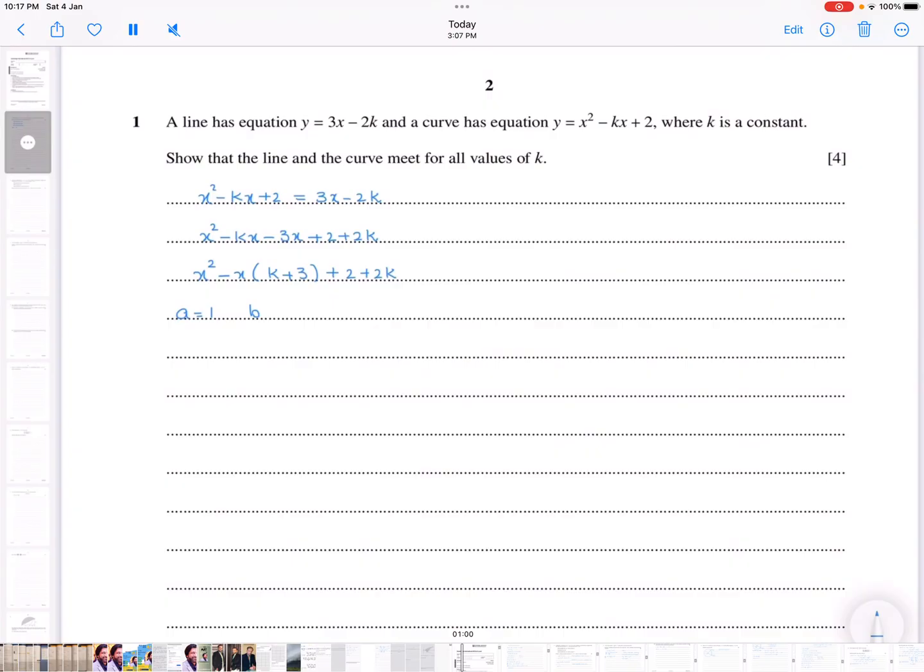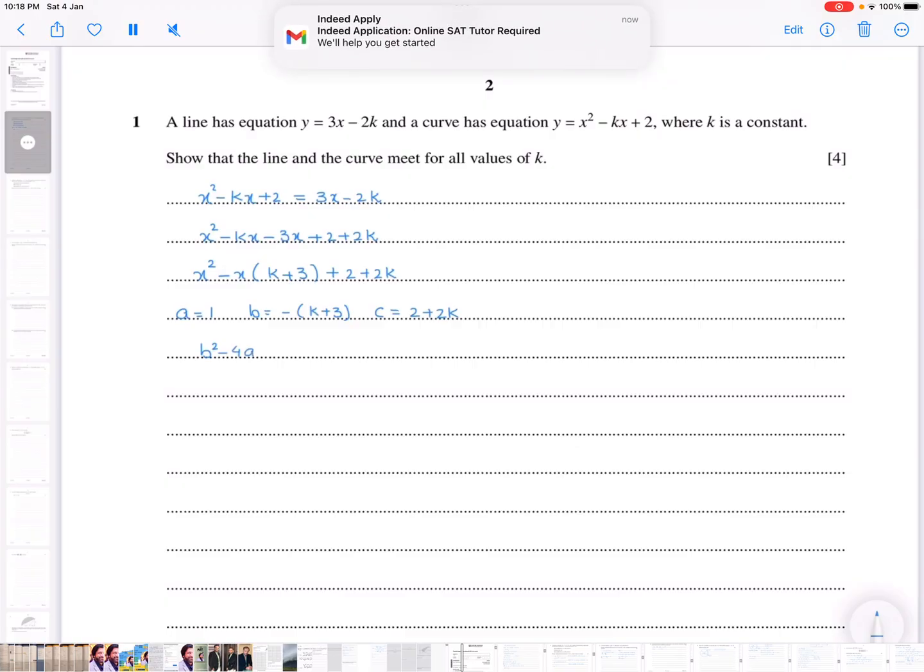The coefficient of x squared is always a, and b is minus bracket k plus 3, and c is the whole constant value. There is no variable like x, so our c is 2 plus 2k. Now I'm going to use the discriminant b squared minus 4ac.